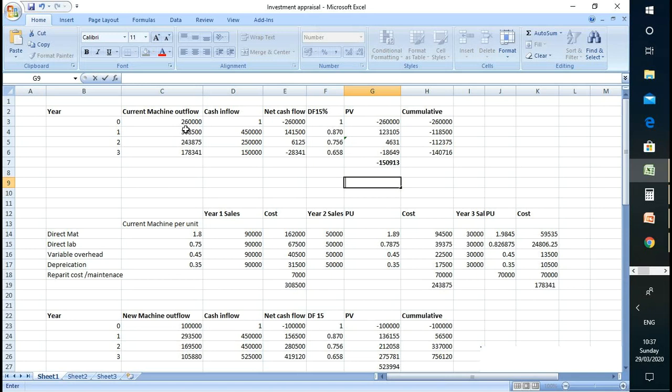But it's not outgoing, is it? It's already spent. No, it doesn't matter, you're assuming the money you paid, because it's cost you. Okay. So that's what we're looking at. Any question there?